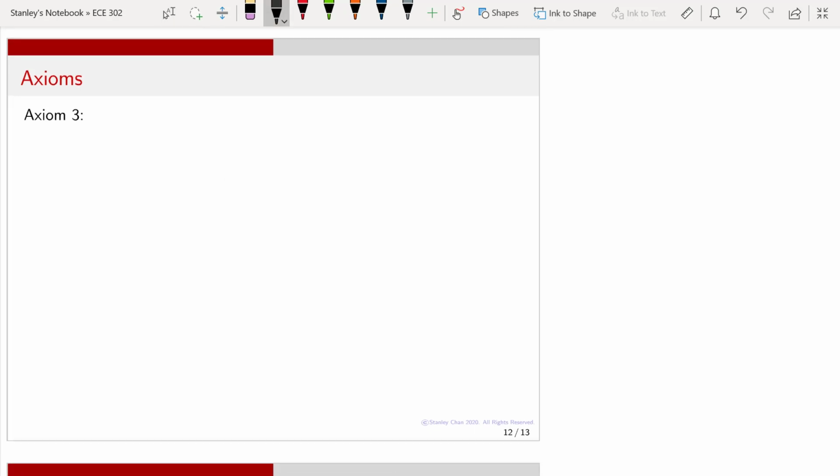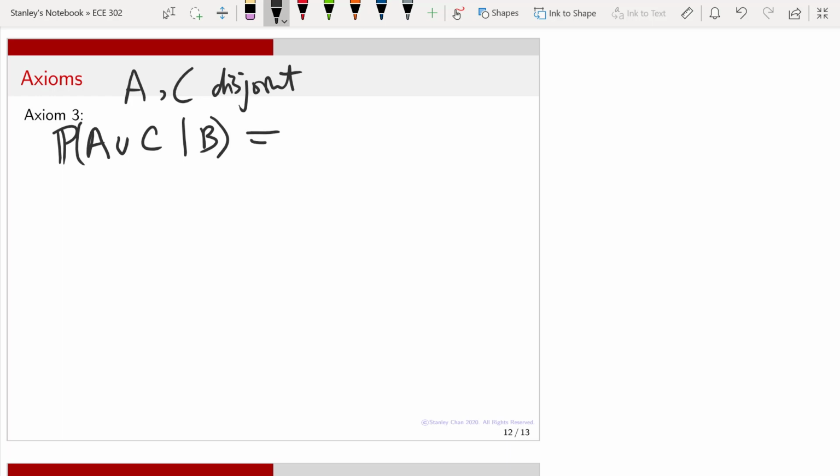So what we want to show in axiom 3 is that the probability of A union C given B, where B is still the fixed event and we assume that A and C are disjoint, equals the probability of A given B plus the probability of C given B. If it holds, then this conditional probability satisfies axiom number 3.